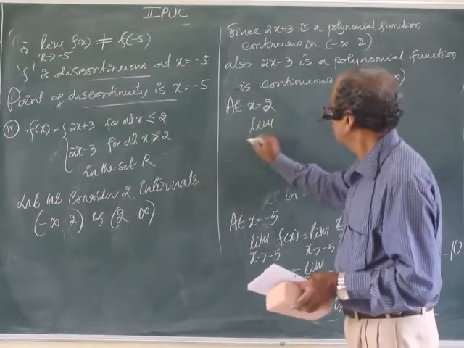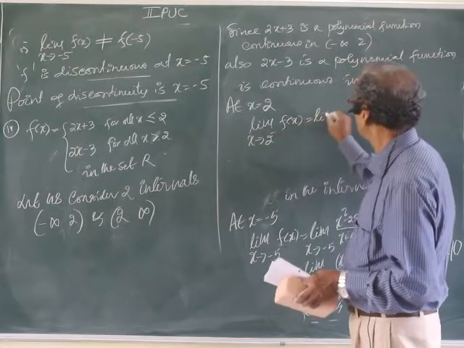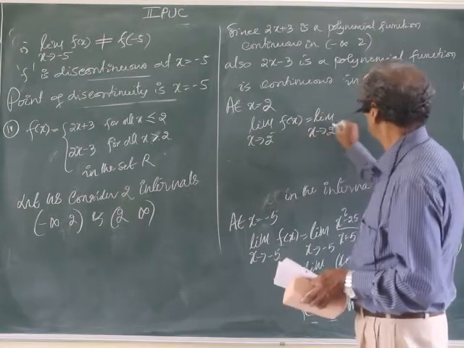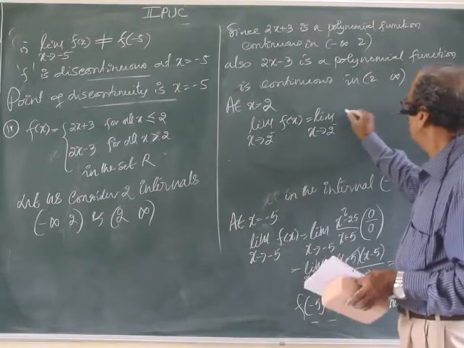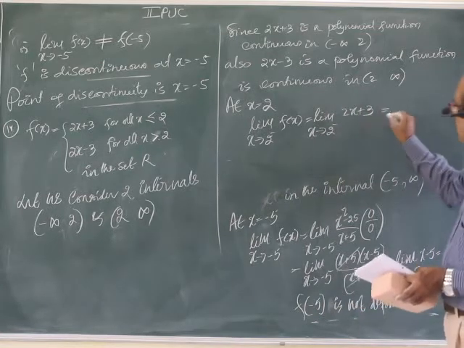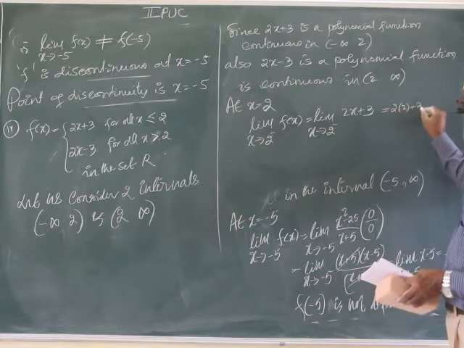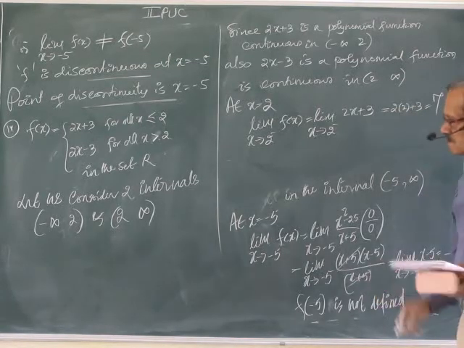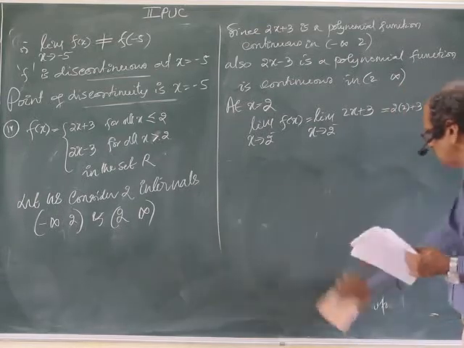Limit x tending to 2 minus f of x is limit x tending to 2 minus, for x less than 2, 2x plus 3 should be used, this particular equation. And you get 2 into 2 plus 3, 7. Right hand side limit at x equal to 2.